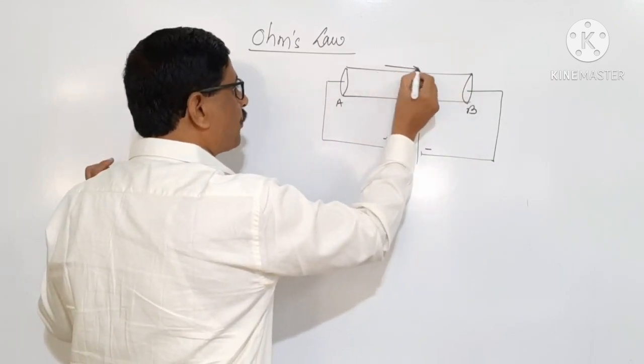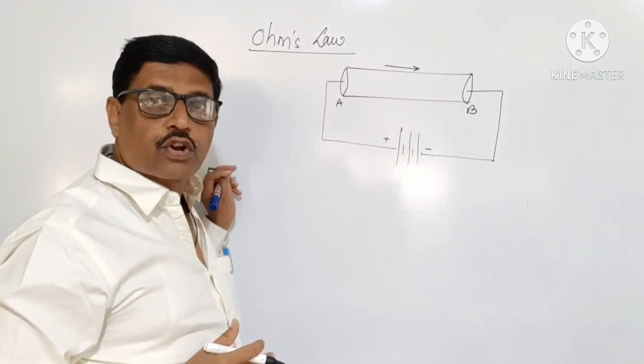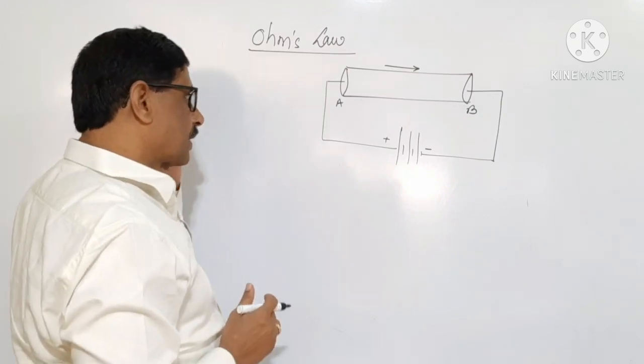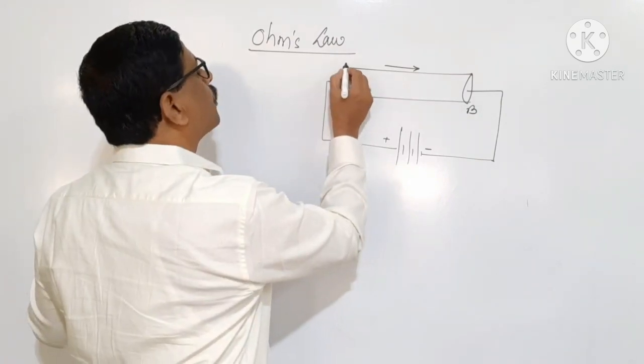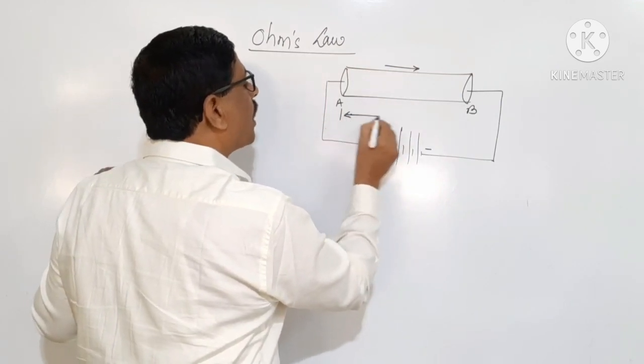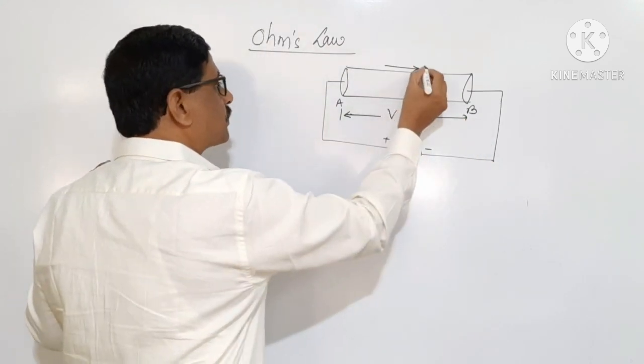Therefore, electric field is set up across every cross section of the conductor. A is at higher positive potential and B is at lower negative potential, and because of that there is a potential difference across the ends of the conductor.